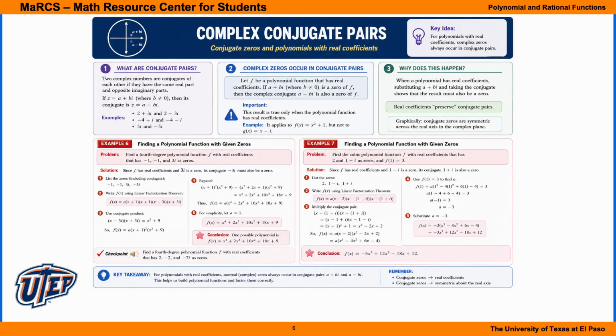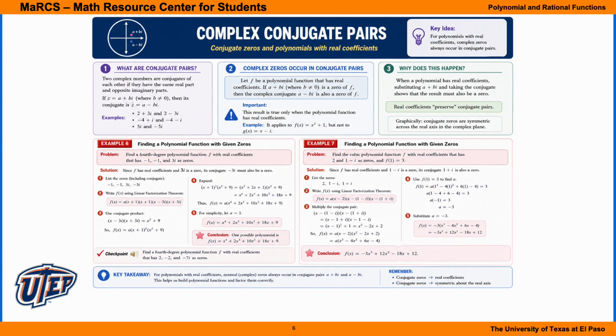So that means that f of x can be written in the form a times x plus 1 squared times x squared plus 9. So now we can expand and further distribute all the terms, and that will result in f of x is equal to some constant a times x to the power 4 plus 2x cubed plus 10x squared plus 18x plus 9.